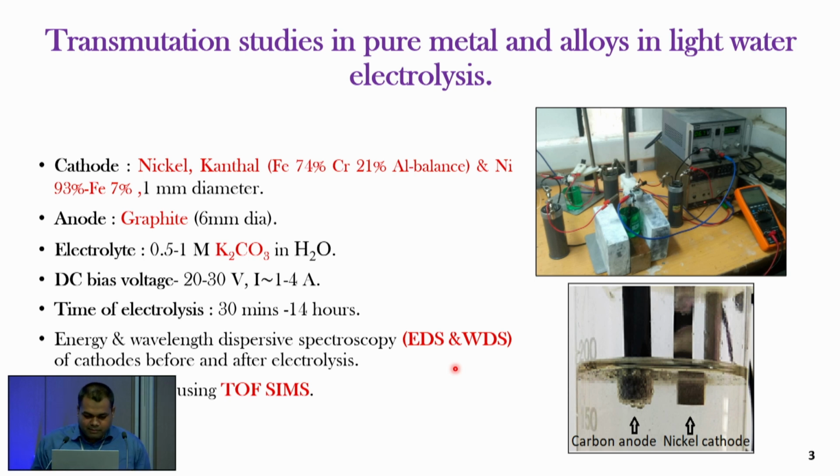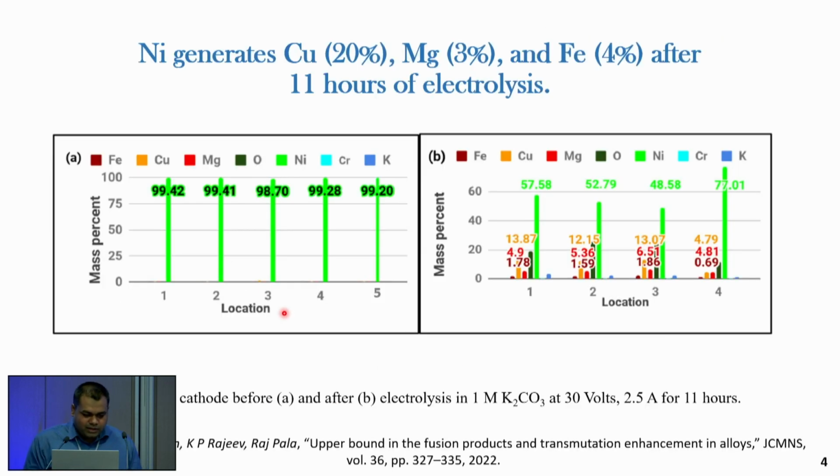So I'll start with my first result. Towards your left, you can see figure A. I have shown a graph where on the x-axis, I have chosen 5 locations on my sample, and on the y-axis, it shows the mass percentage of that wire. It's a WDS result, and it's almost 99.42 and 99.41 at all the locations. This I got from Alpha ISER.